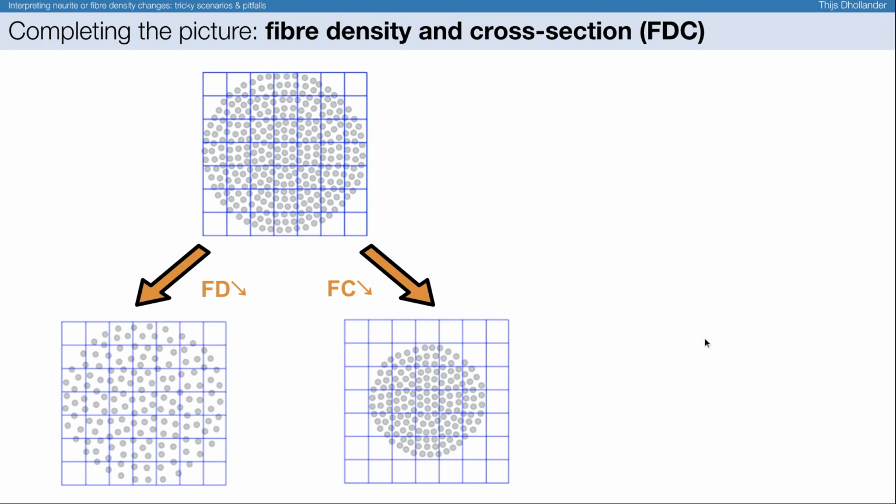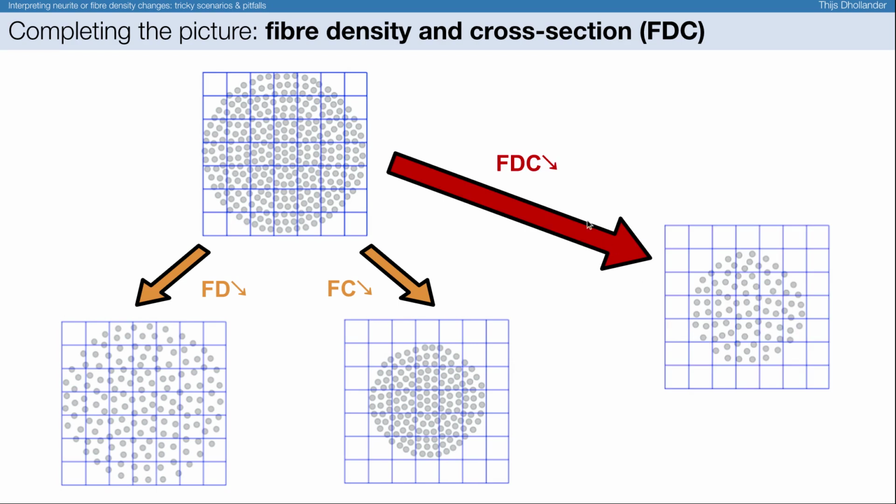We can even put these two together, and that's what we call the fiber density and cross-section metric, FDC, which is computed as simply the product of FD and FC. And for example, in this situation here, you can actually see the density went down, but the cross-section also went down.